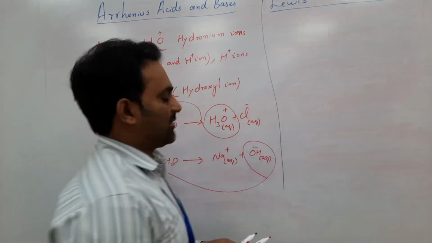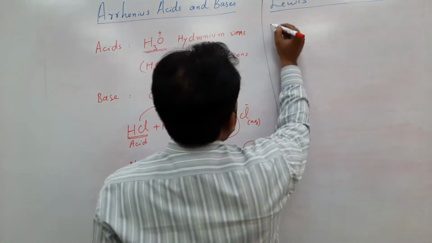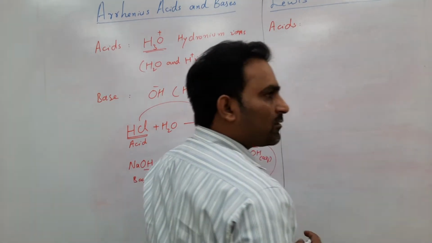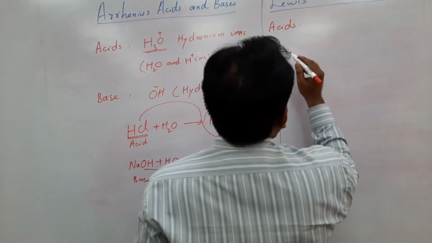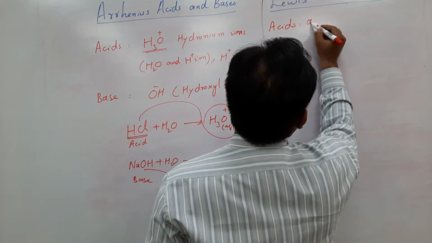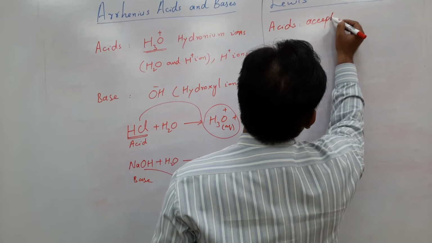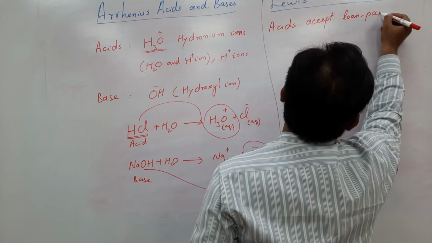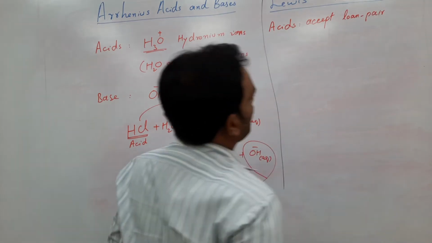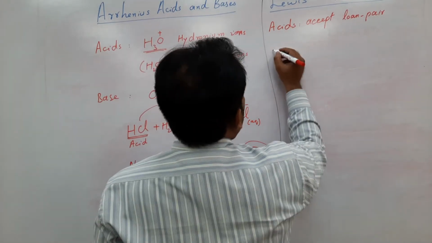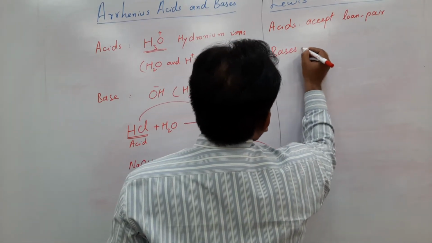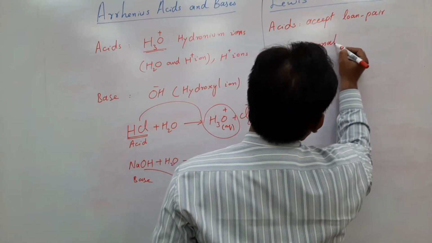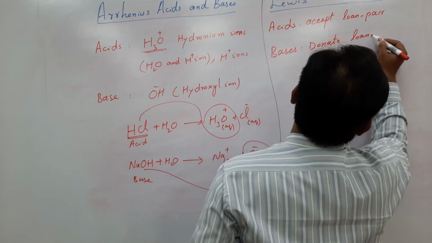And now the Lewis acids and bases. According to this concept, acids are those compounds which usually accept a lone pair or pairs, and bases are those compounds which will donate a lone pair.